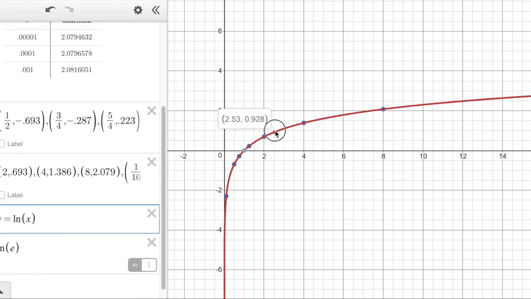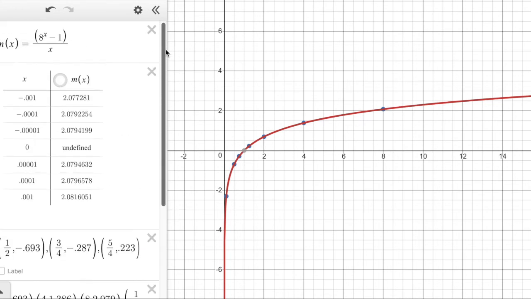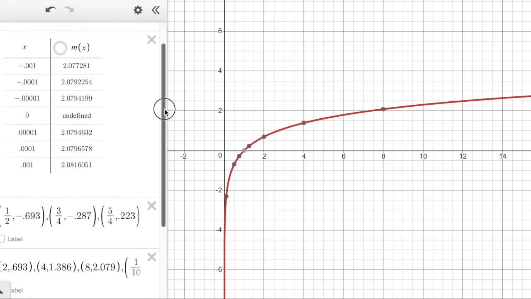See how it's getting closer to e, which is about 2.71 something or other. So right in there somewhere is 1. So when I get the natural log of e, it is actually 1. That's really nice when we do the derivative of e to the x, because the derivative would be e to the x times ln e, but ln e is just 1. So we love e to the x.